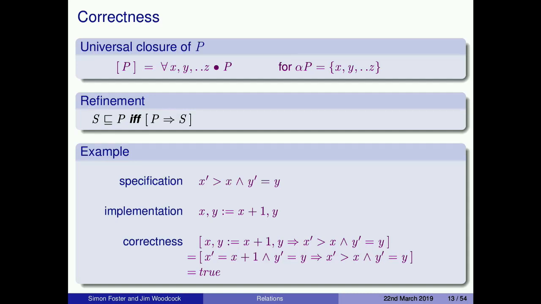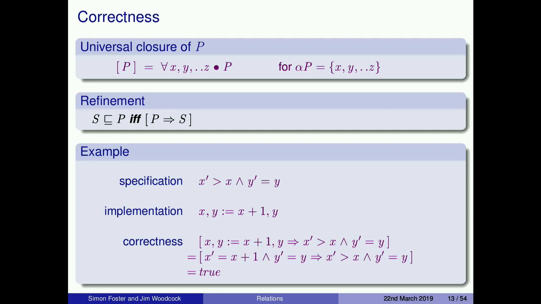So once we have refinement, we can then write down specifications. So here's another specification, actually similar to what we had before, but here we've got two variables, and the specification here is saying that in the final state, x is greater than its initial value, and y stays the same, right? So that's how you can then specify the behavior of those two variables.